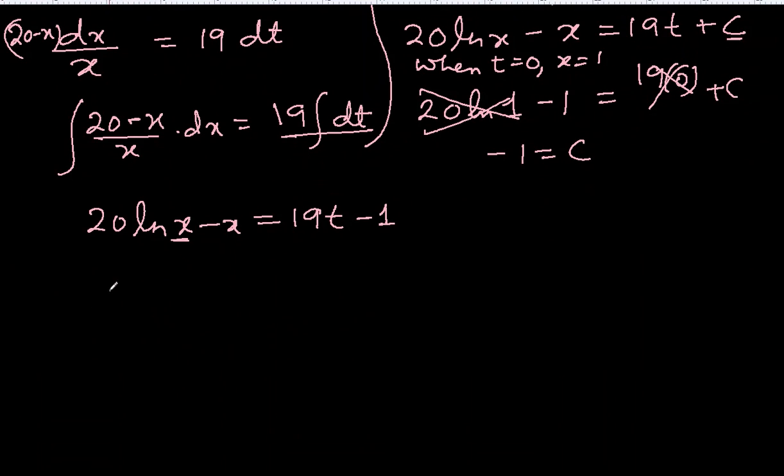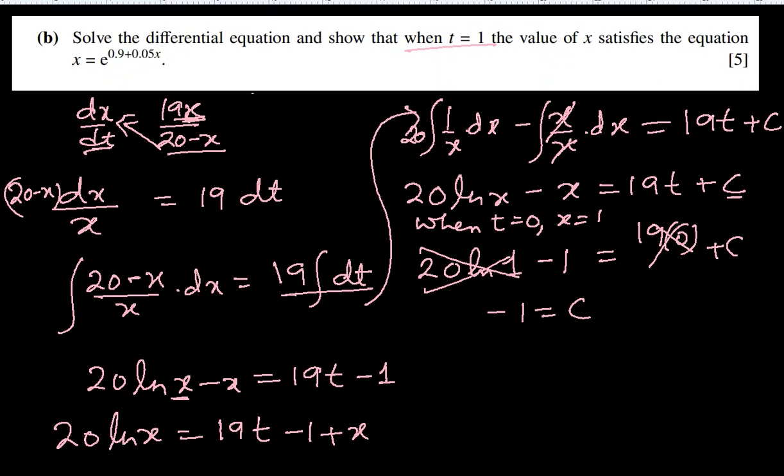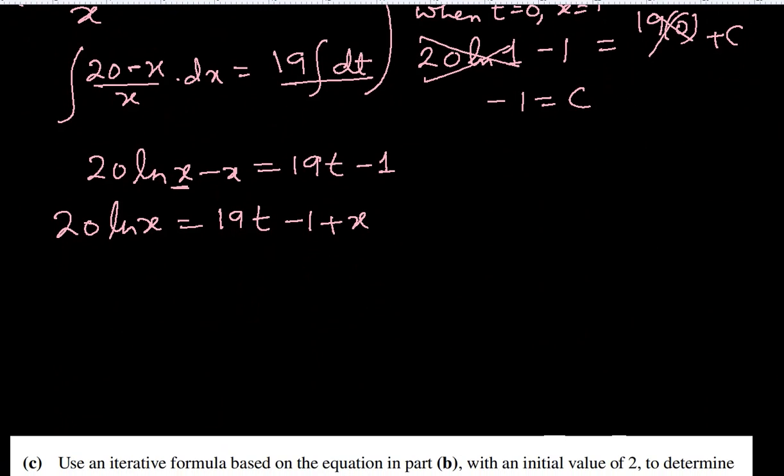So 20 ln x equal to, this x goes to the other side, so 19t minus 1 plus x, and they have given the value of t in the question. T is equal to 1, and that's what I'm going to do. So 19 times 1 will be 19 and 19 minus 1 will be 18.